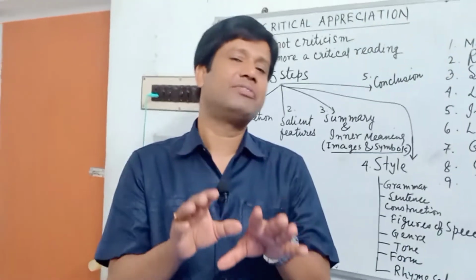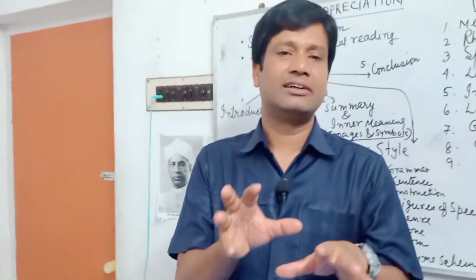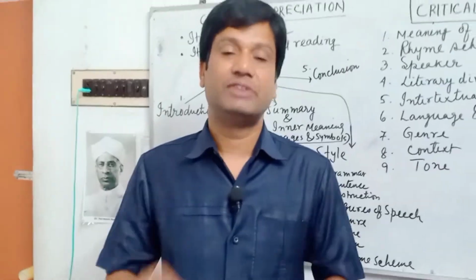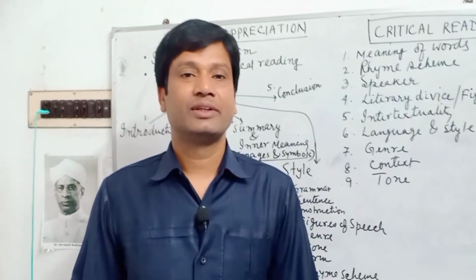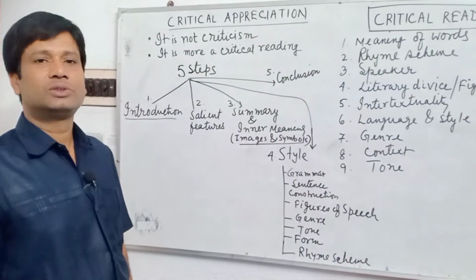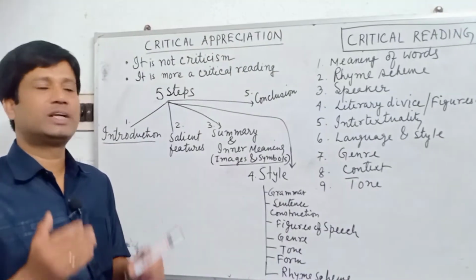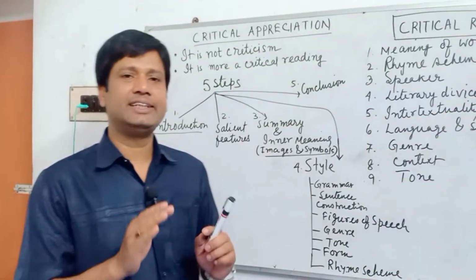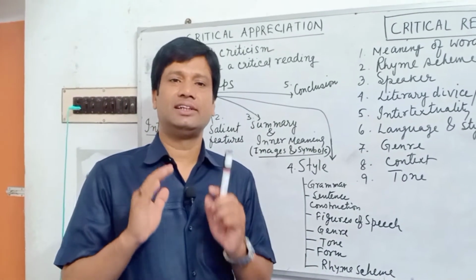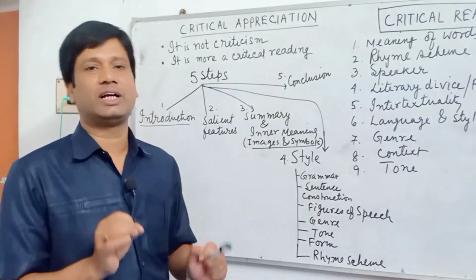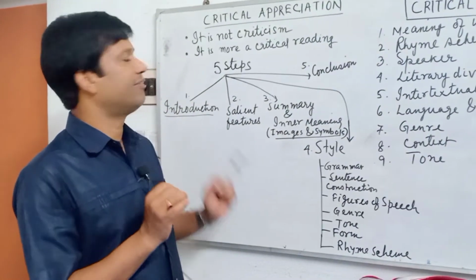So critical appreciation is nothing but a review of the text of the literary work. Okay? Now my dear students, let's go to know how to write the critical appreciation. Because we have already read the literary text critically and now we are ready to write critical appreciation.